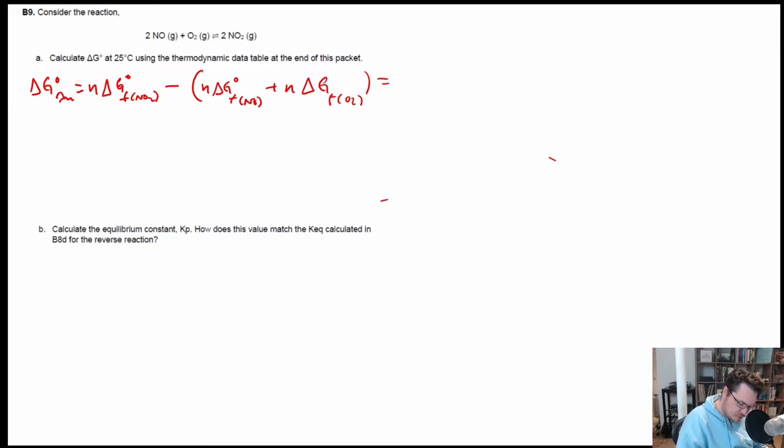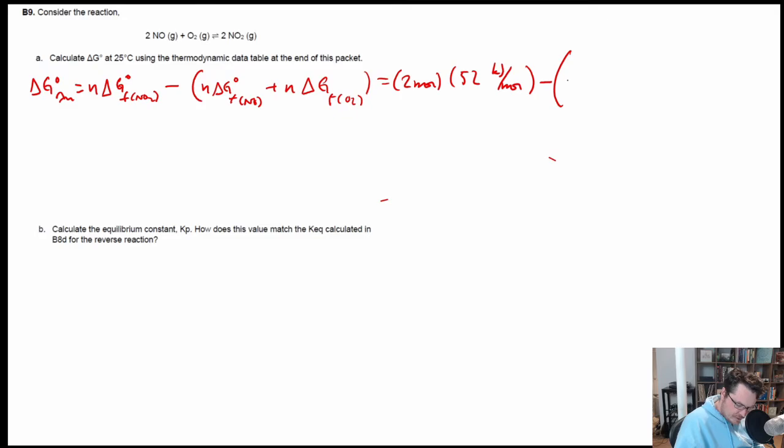So we're going to have 2 moles of NO2 that's going to form in this case, right? And the delta G value for NO2 gas is 52 kilojoules per mole minus, right?